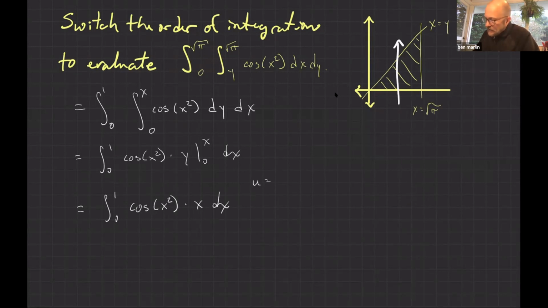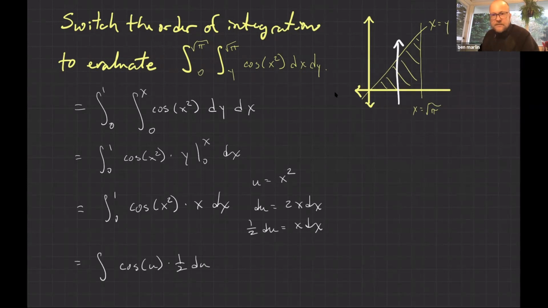Remembering the sort of thing we did in Calc 1, our u is going to be x squared, our du is 2x dx, which means 1/2 du would be x dx. So this integral becomes the cosine of u times 1/2 du.